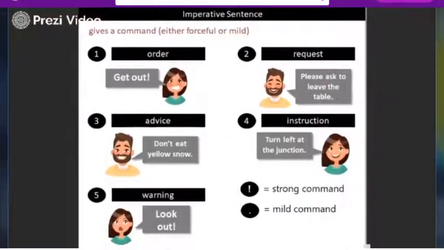Now, imperative sentences, remember, are commands or orders, like get out. Look at the face of the girl. She's angry. That's why the command or the imperative sentence on this occasion, because it is showing an emotion, goes with an exclamation point. Now, advice. Don't eat yellow snow. It's giving advice, and it's not showing an emotion, just information.